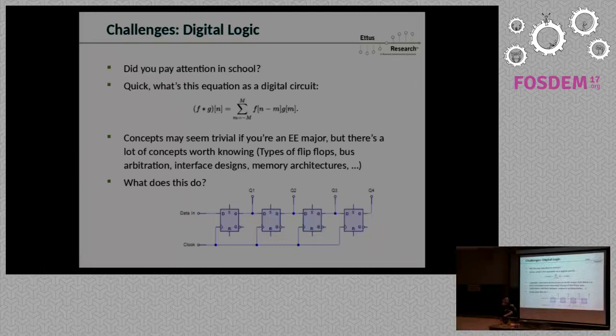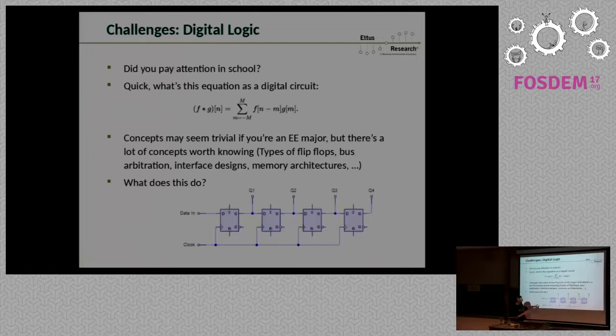But here's an example. What does this do? This is the reverse of the other question. It's a shift register, yes? I actually copied this from Wikipedia; you can't see it here, but the source is listed.